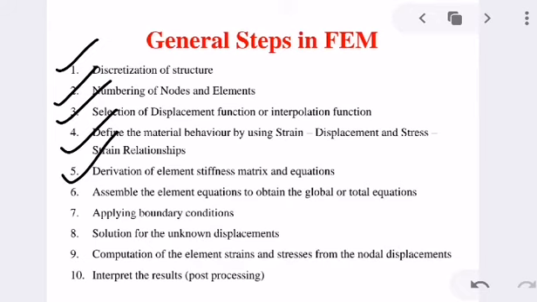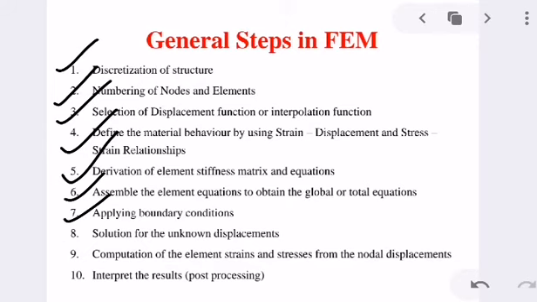After the derivation of elemental stiffness matrices, we will assemble these equations into a global equation. After attaining the global equation, we will apply the boundary conditions.